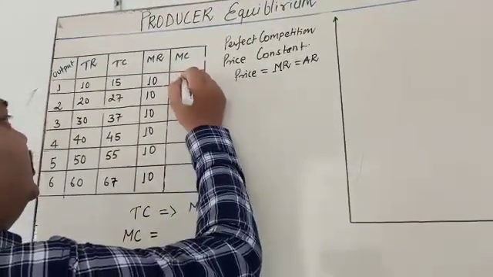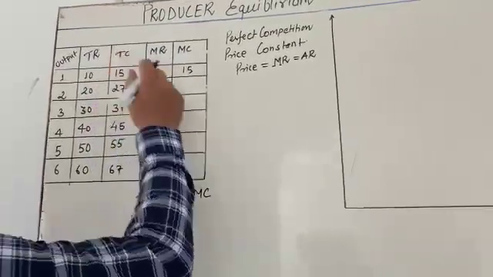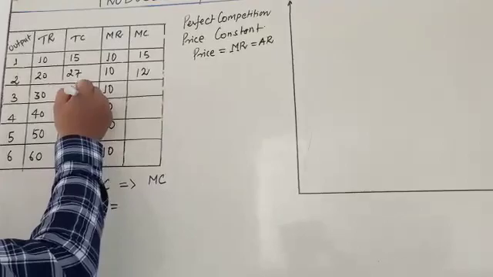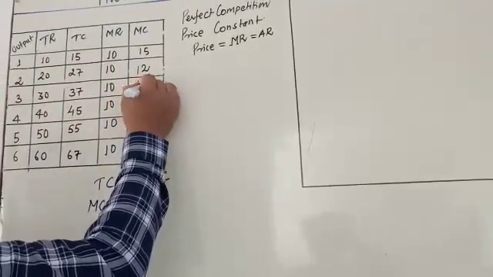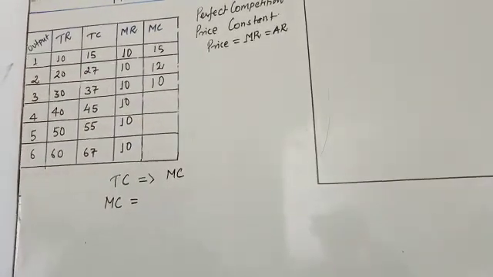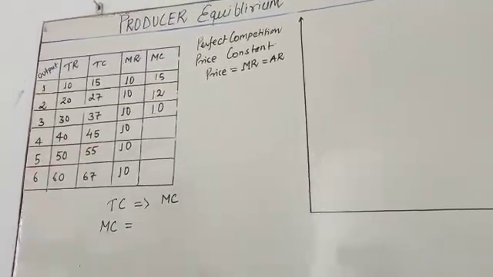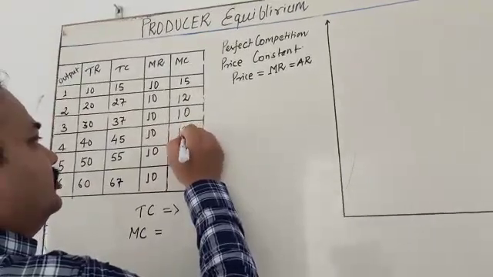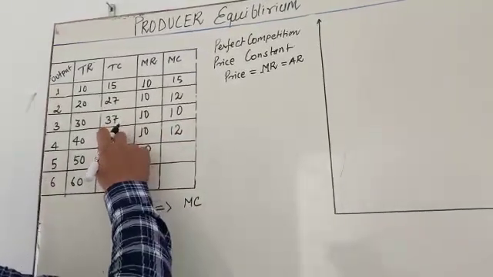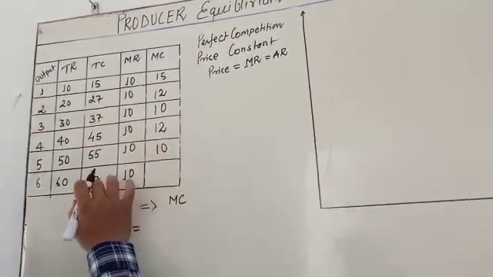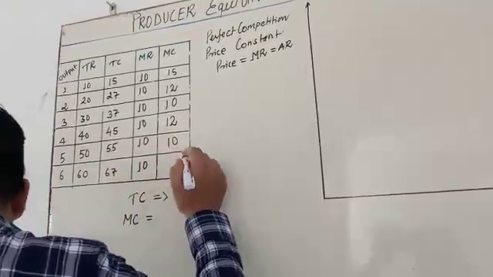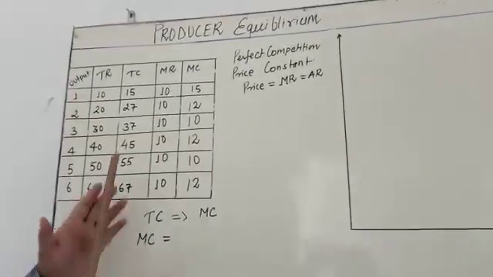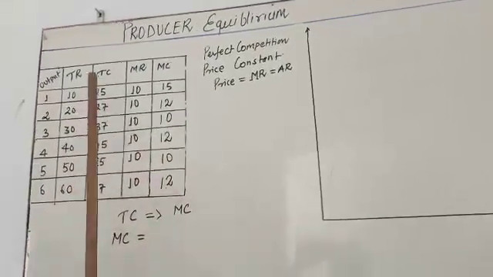You write down 15. Then 27 minus 15 is 12. Then 37 minus 27 is 10. Again we calculate 45 minus 37, that is 8... 55 minus 45 is 10, and 67 minus 55 is 12. So this is the marginal cost. We have to calculate it with the help of the total cost.